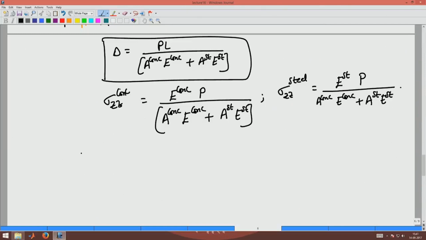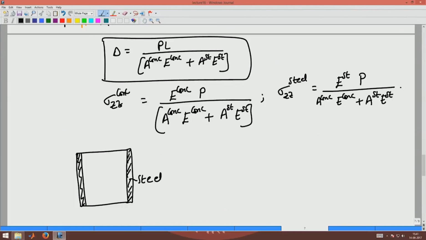Okay. So, in that case the free body diagram for this member will become like this. This is the steel pipe, there will be some inner pressure Pi acting here on the steel.